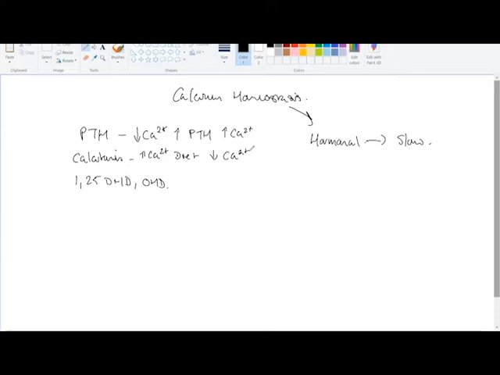And then finally, we've got 1,2,5-dihydroxy vitamin D. Where does this come from, I hear you ask? Right, well, you are all told at some point that you get your vitamin D from the sun. It's not necessarily completely true. However, it is kind of true in a kind of a wives' tale kind of way.